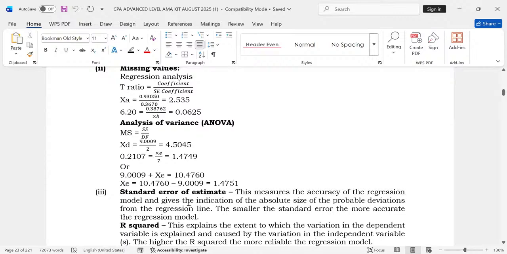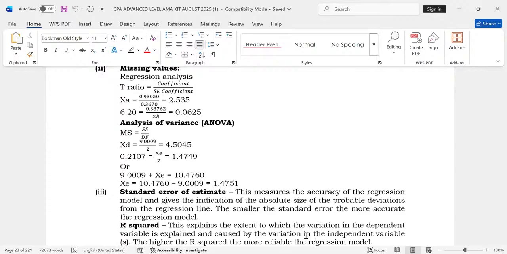Then they want us also to explain R squared. So right there, R squared explains the extent to which the variation in the dependent variable is explained and caused by the variation in the independent variables.